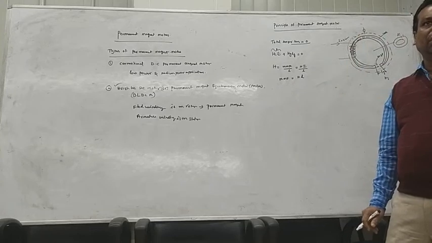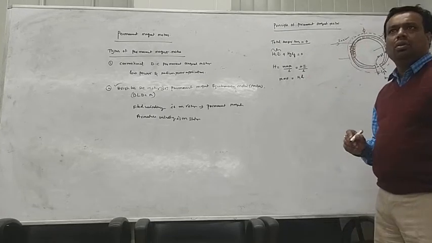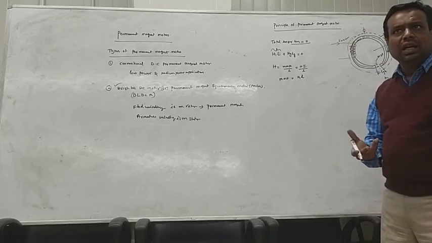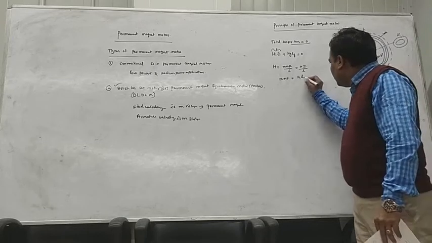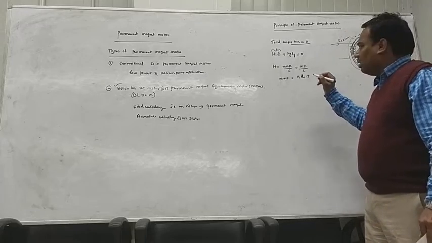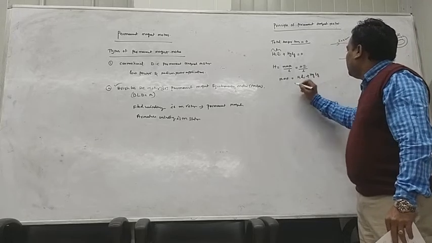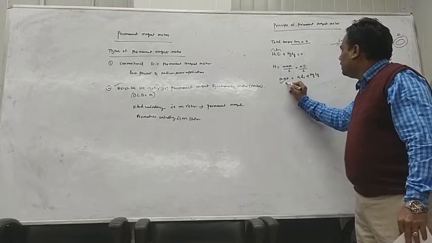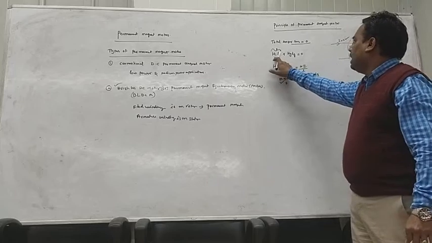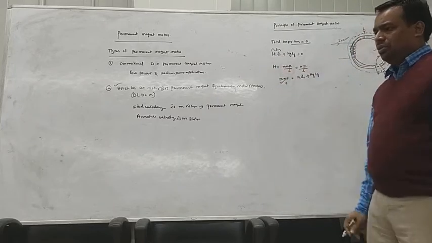So the intensity in the iron and length of the iron, plus intensity in the air gap and length of the air gap. Because it is the permanent magnet, this is equal to 0. That's why Hi into Li plus Hg into Lg is equal to 0.